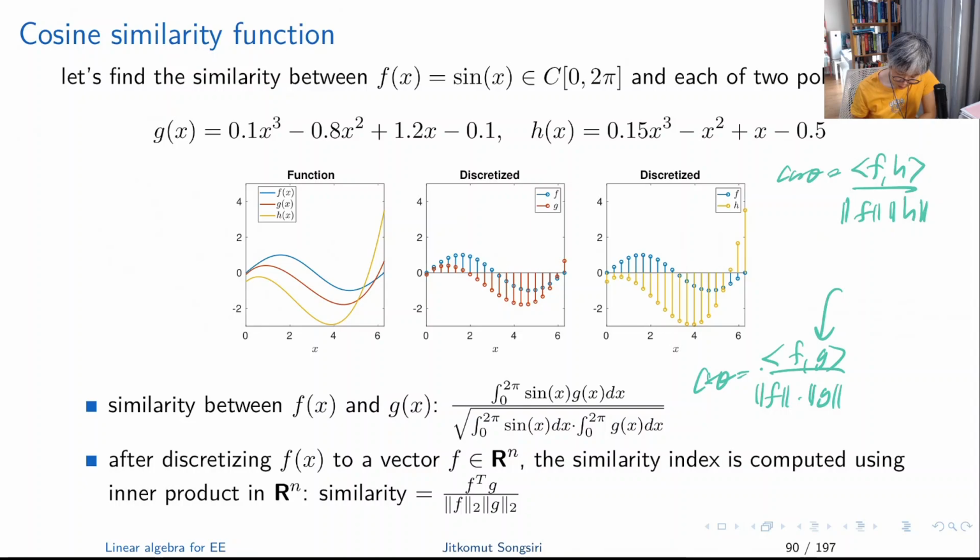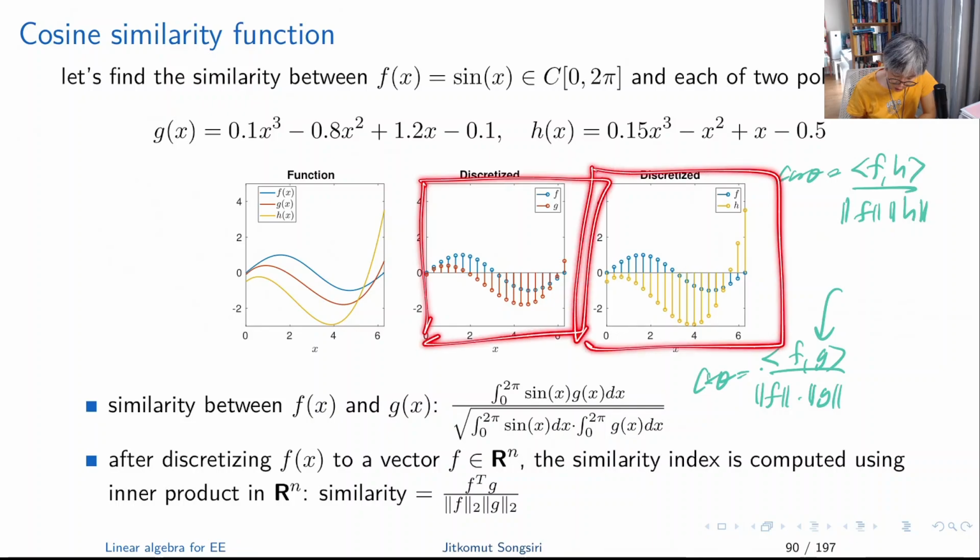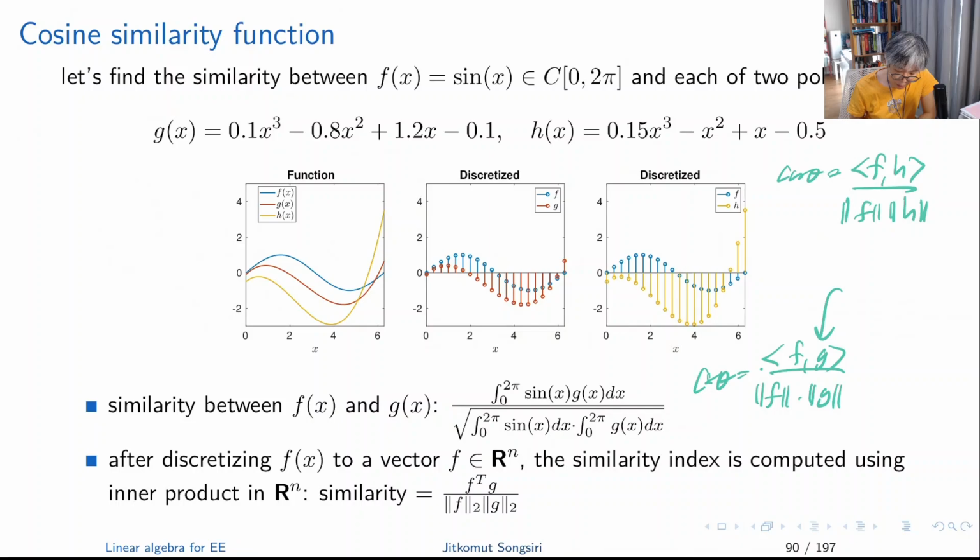F is sine x, g is the cubic polynomial, and this is norm of f, this is norm of g. If I just plug in the cubic polynomial there, I can compute this cosine theta. Okay. And what I show on this graph is some similar concept. But what happens if we just consider this graph as their discretized values?